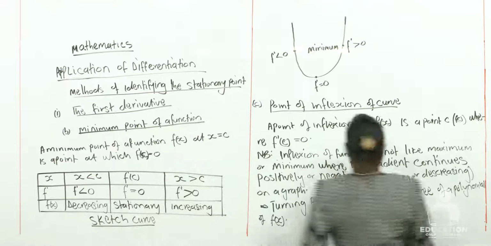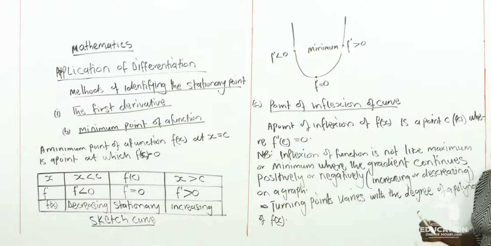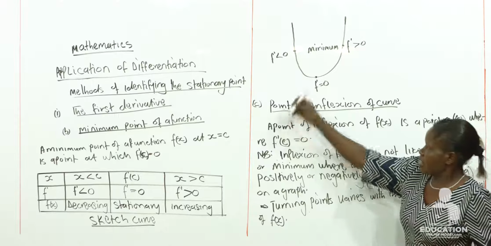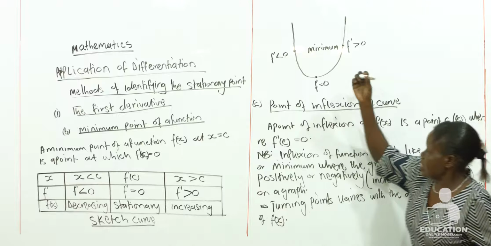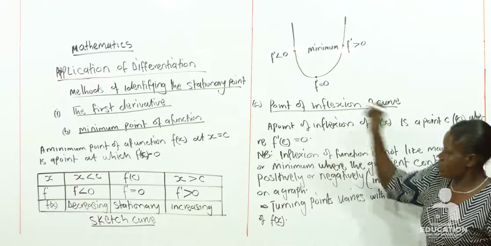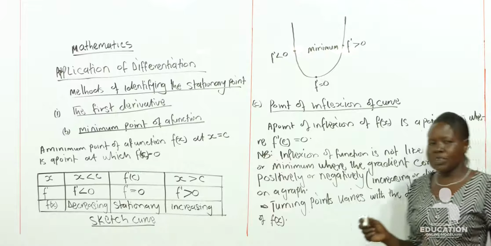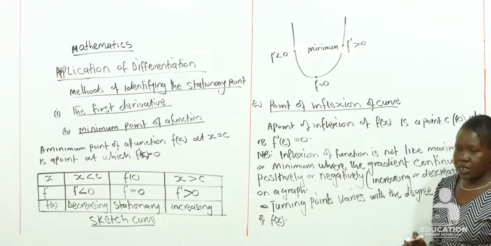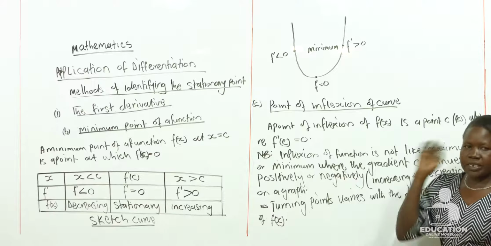So let me explain this part so that you can understand it well. We said that when identifying the point of inflection of a curve using the first derivative, at this point you find the gradient remains 0. It does not change. It neither increases nor decreases.